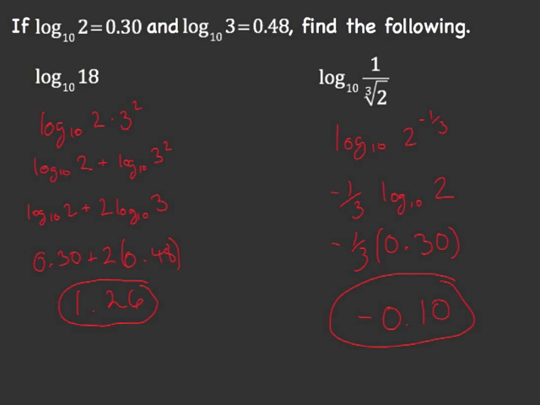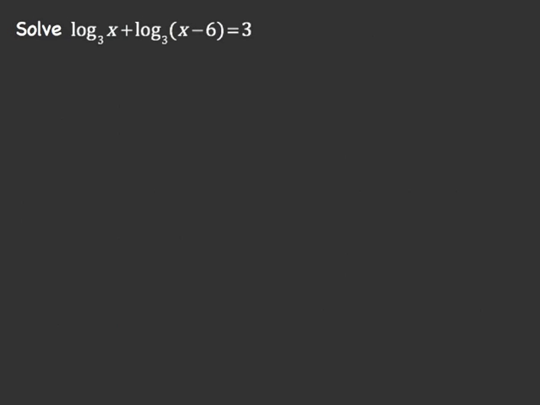So what we can do now is solve some equations. Here we have the log base 3 of x plus the log base 3 of x minus 6 equals 3. Since we have two logarithms being added together, I'm going to use that first law of logarithms again and multiply x and x minus 6 into one single logarithm.